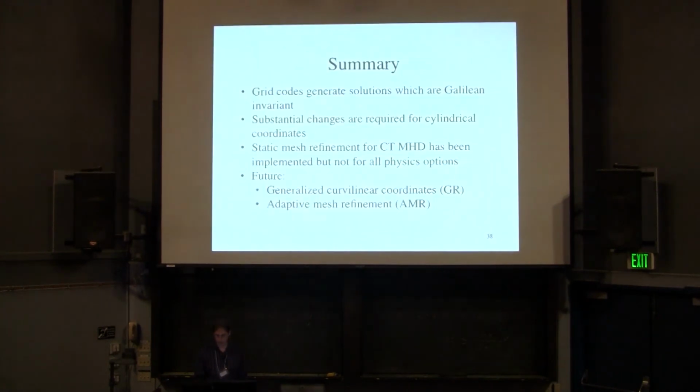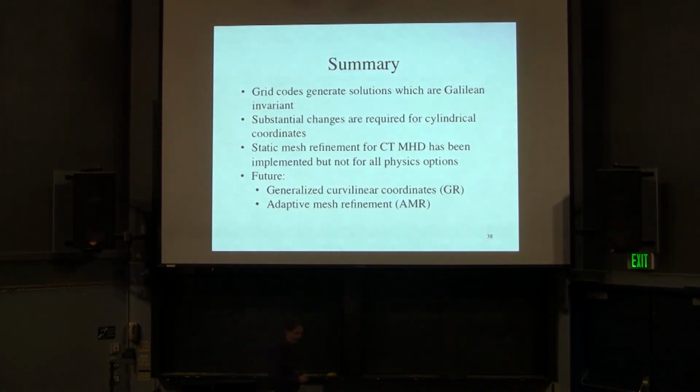So I think that pretty much is it. So here's my summary. Once again, grid codes are Galilean invariant. Whew, good. Substantial changes are required for curvilinear meshes, at least with some of the integrators like CTU. Static mesh refinement is implemented in Athena, but there are significant restrictions and not all physics works.